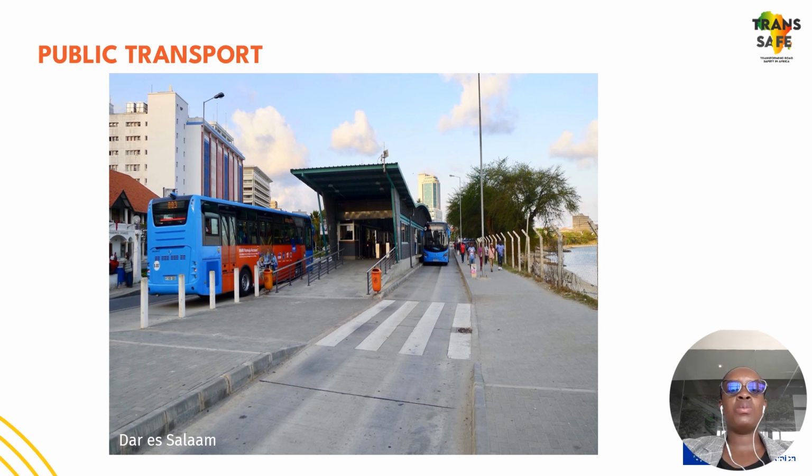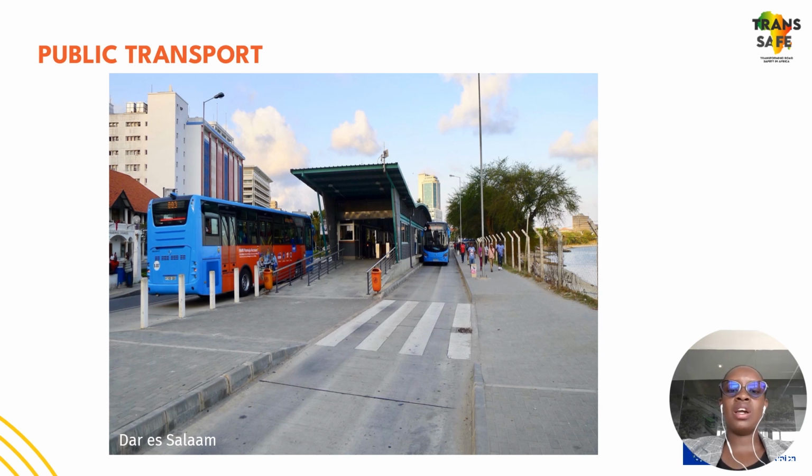When it comes to transit, it's about the provision of sustainable, equitable, and inclusive public transport for the public. A good example is Dar es Salaam, which has a good transit system, BRT, that is shown on the slide. So it's about ensuring that we have provided sustainable and equitable transport for the public.